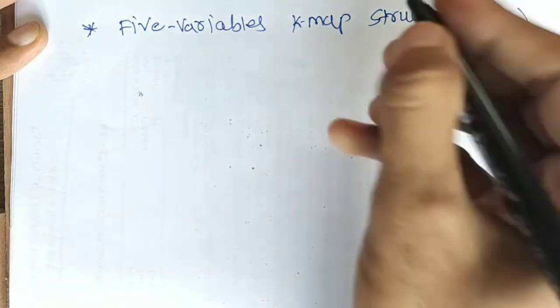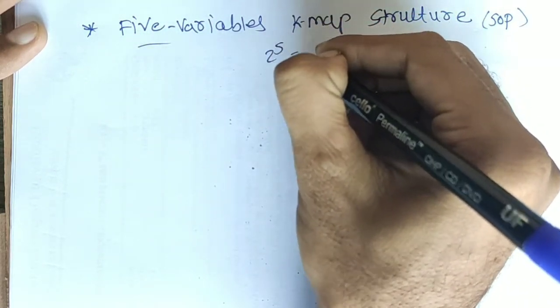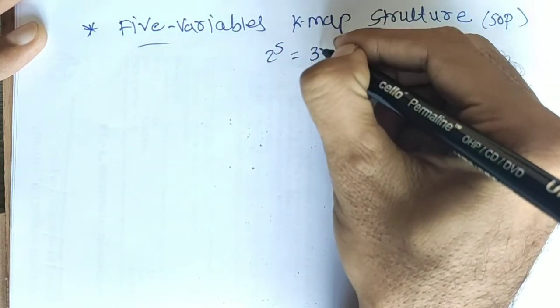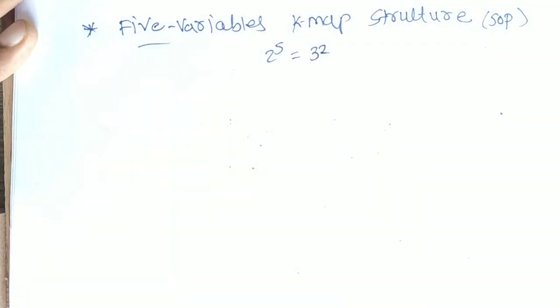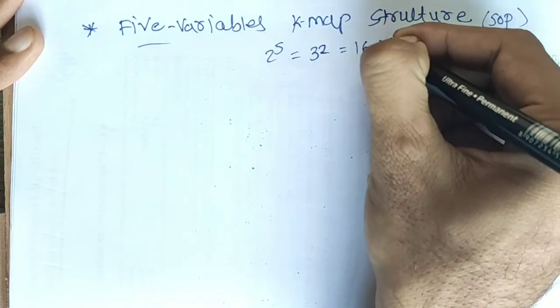Right? So dear students, in 5 variables the number of possibilities is 2 raised to 5. So we are getting 32 cells. Right? So the 32 cells can also be defined as 16 plus 16.